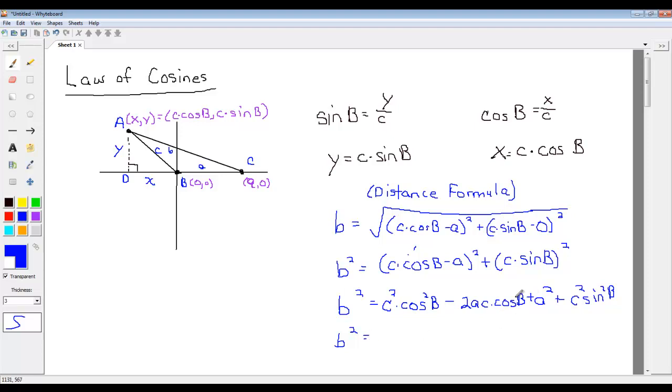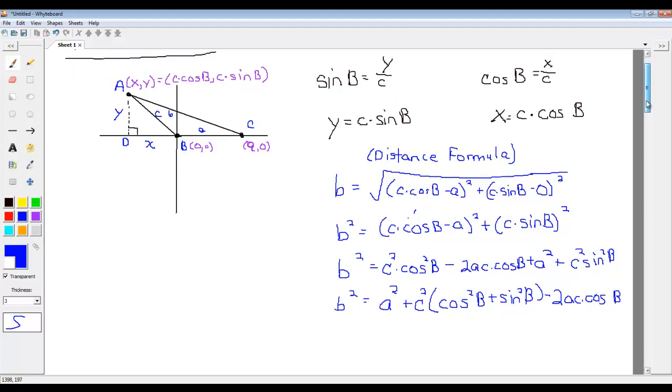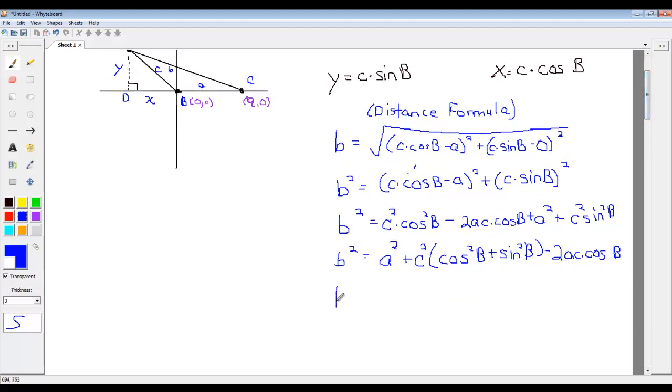All right. Let's rewrite this a little bit. Let's write a squared plus, we got two terms with c squared in them, so we're going to say c squared and then factor out cosine squared B plus sine squared B. And then we still have the minus 2ac cosine B. Then we have b squared equals, well, cosine squared B plus sine squared B actually equals 1.